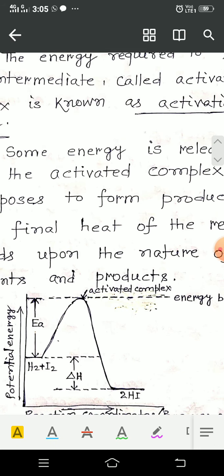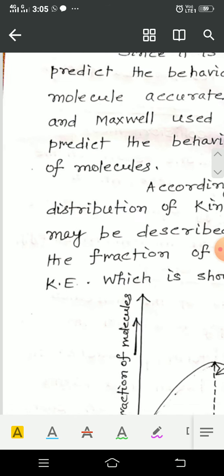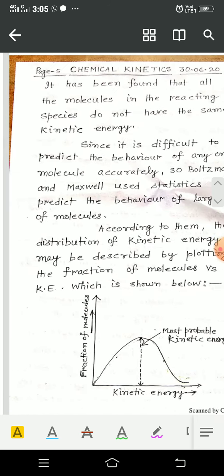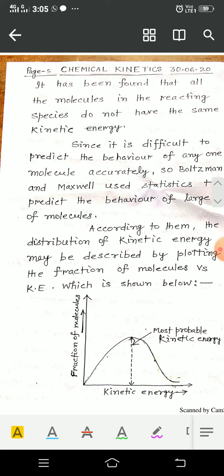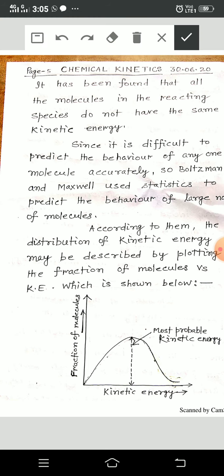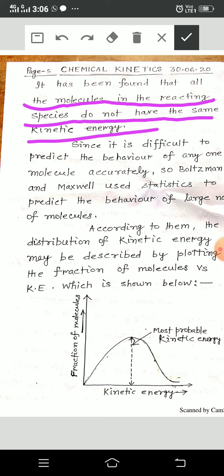Now it has been found that all the molecules in the reacting species do not have the same kinetic energy. It is not necessary that all the molecules of a reacting species will have the same kinetic energy.